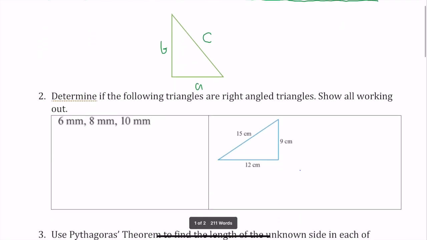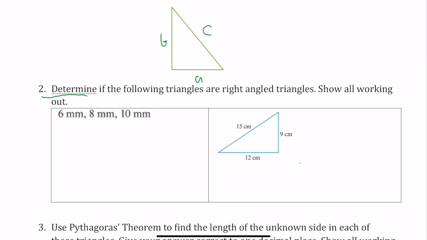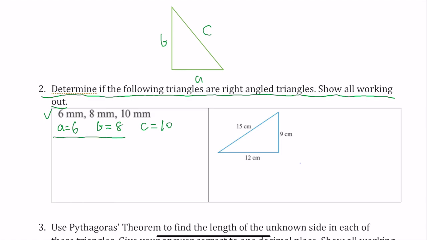Next, number 2. Determine if the following triangles are right-angled triangles. Show all working out. The first: A equals 6, B equals 8, and C equals 10. So first, I would like to go through these two.